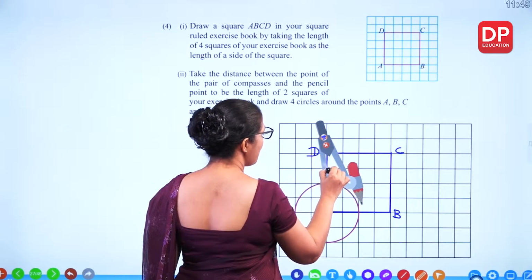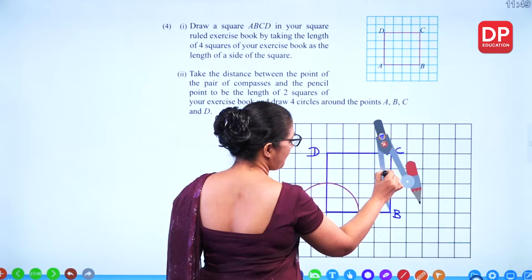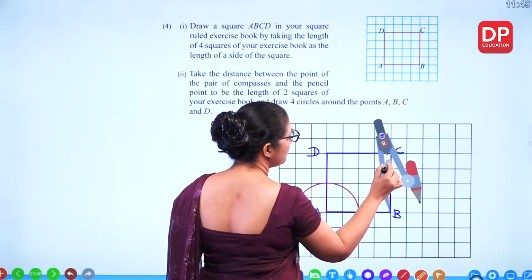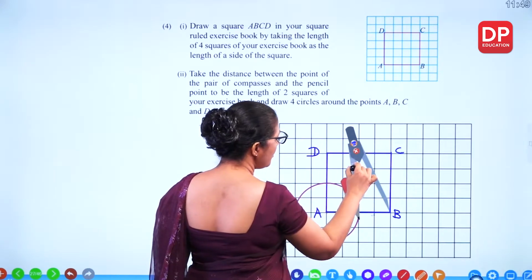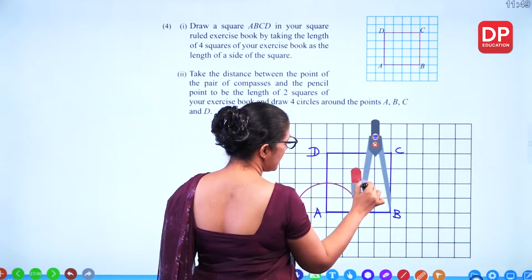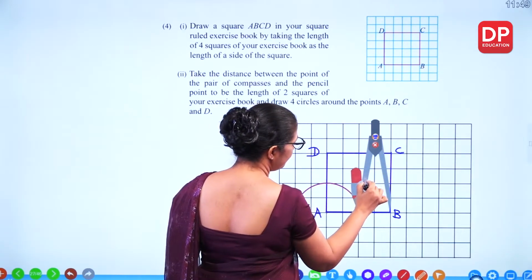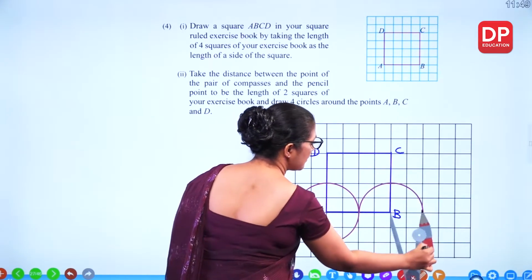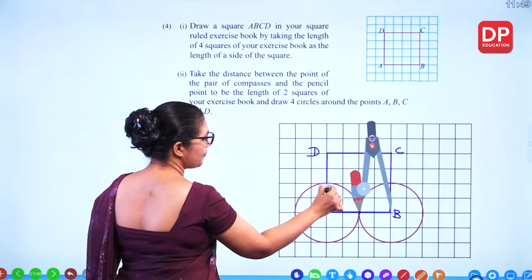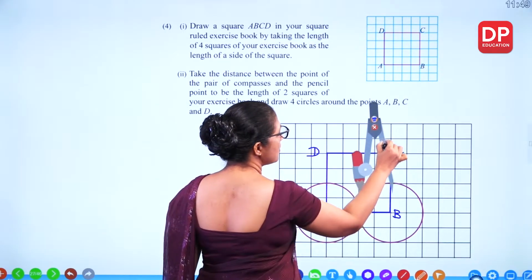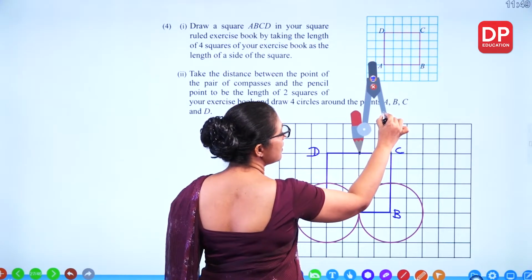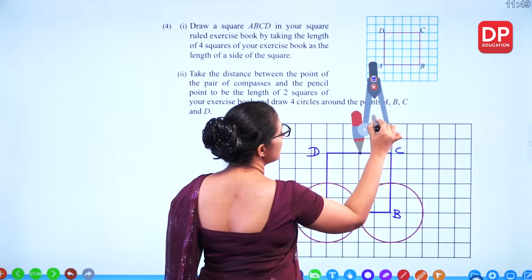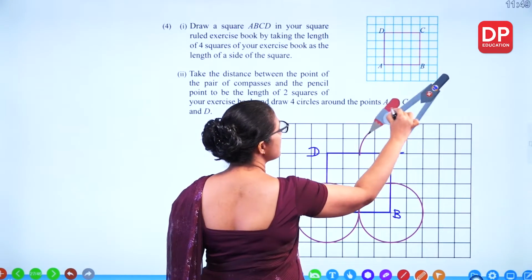Now take the same thing. B is the center now. And you have to take the 2 centimeter here. Now you can draw the other circle. Next one, C as the center. Draw the other circle.